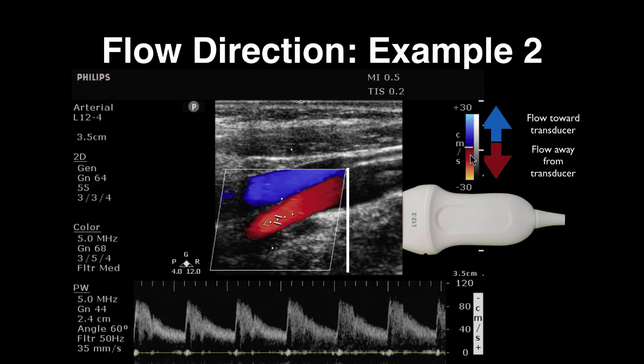Looking at the color bar, blue is coming towards the transducer, red is going away. So that would mean the flow in this vessel is coming towards the transducer, so it's going left to right, and flow here is going right to left because it's going away from the transducer.